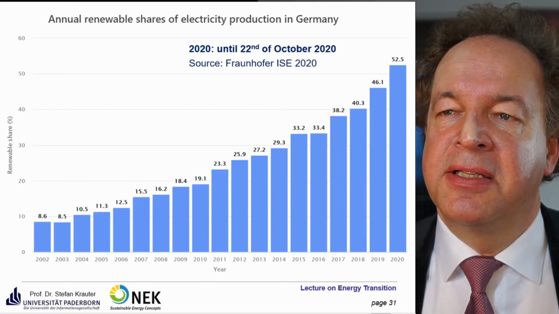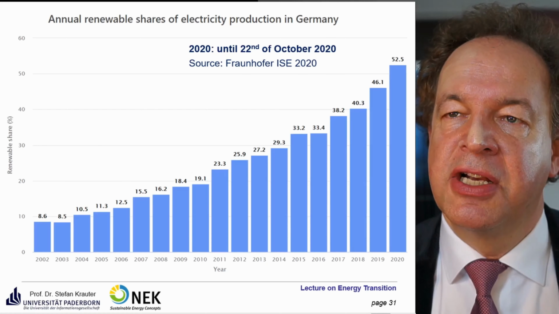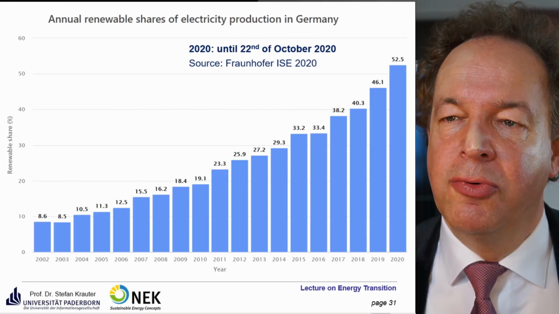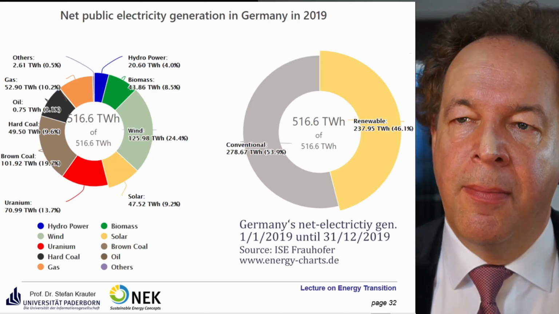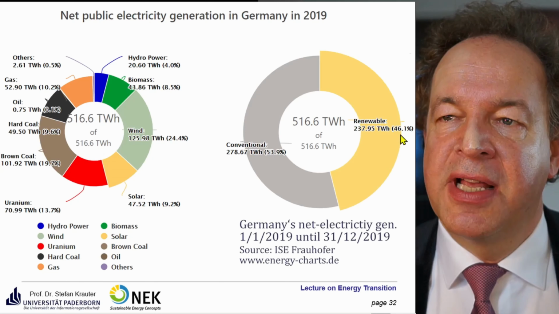We expect that until the end of the year we'll still have about 50% of the German electricity consumption via renewables. So this is from last year, 2019. There 50% had not been reached.